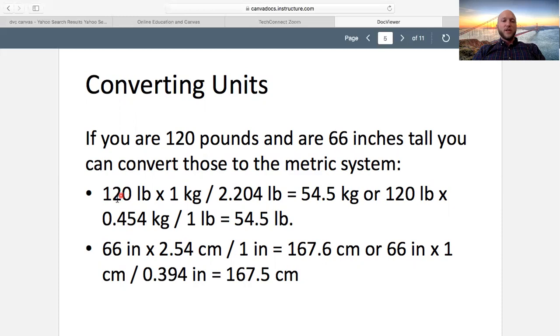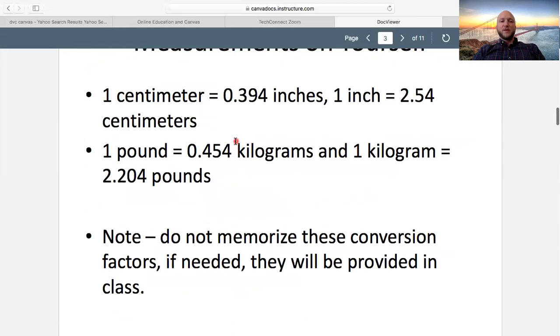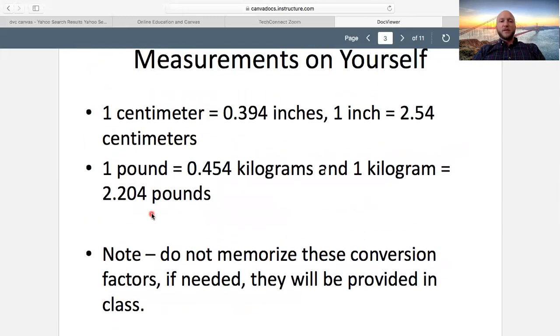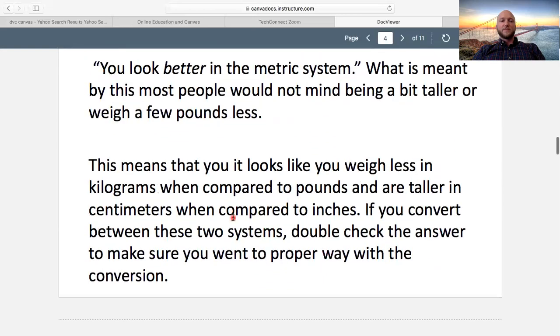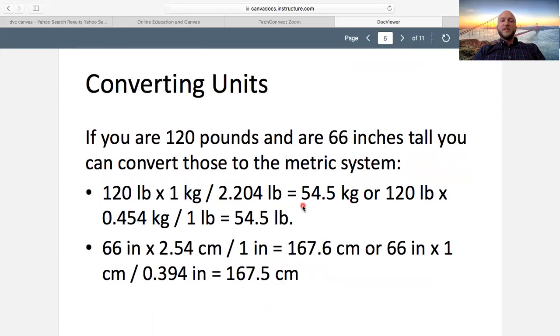So 120 over 1 times, now you want to get your pounds to cross out, because we're going to kilograms, right? So 120 pounds over 1, times 1 kilogram over 2.2 pounds. That's the conversion ratio right up here, is equal to 54.5 kilograms.